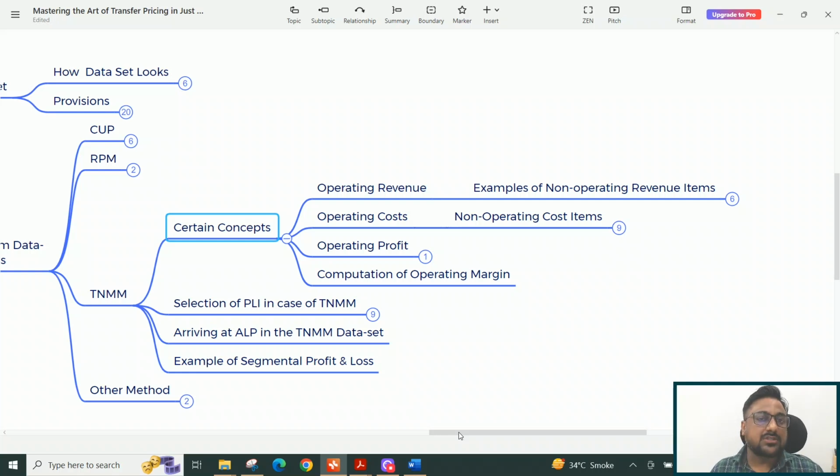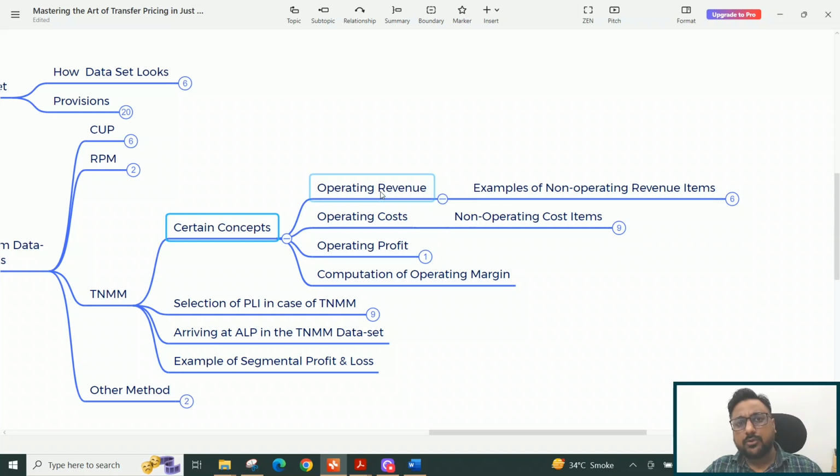But when we are going ahead with TNMM, we are required to exclude certain non-operating items from the total sales as well as from the total expenditure. What are illustrative such non-operating items? We'll discuss. First we need to arrive at operating revenue.